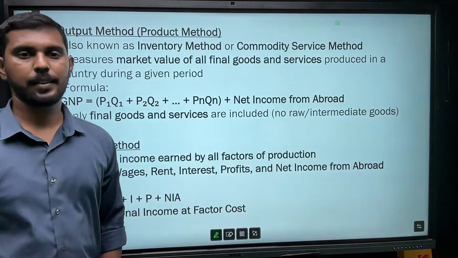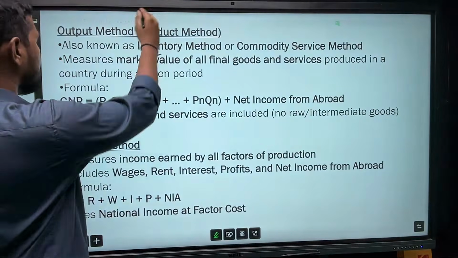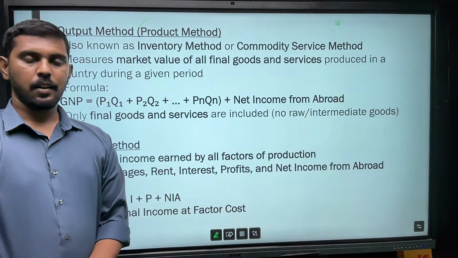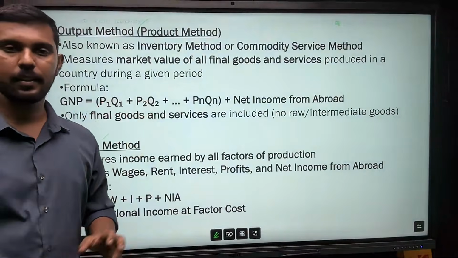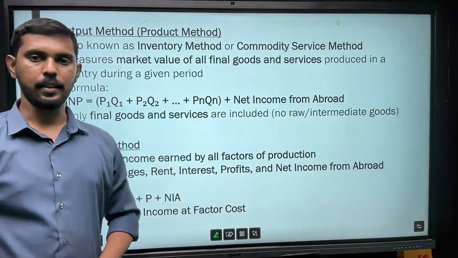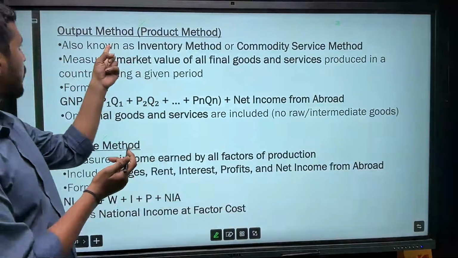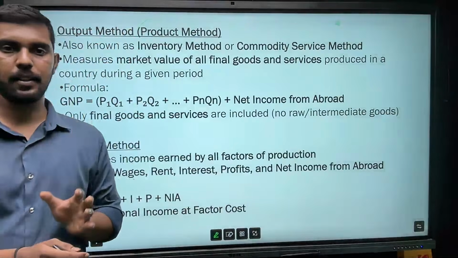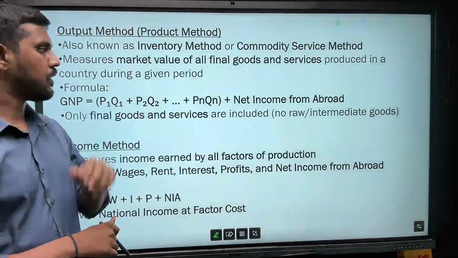You will get 1 mark. When you write output method, income method, and expenditure method, you get 1 mark. Again 3, 3, 3 will complete 9, and you get 1 over there. These 3 points, output, income, expenditure, you have to mention first. Then after, you have to explain briefly all these points.